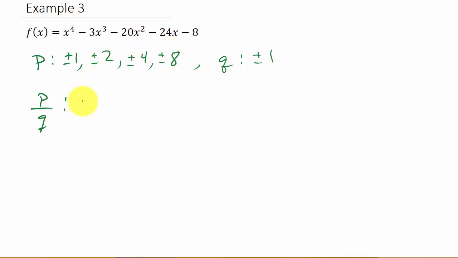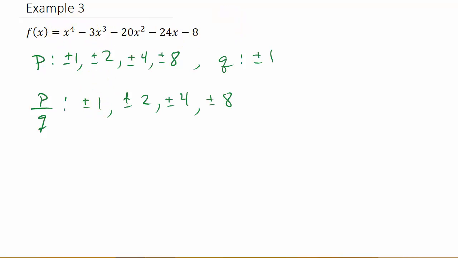So basically plus or minus 1 over 1 is 1, plus or minus 2 over 1 is 2, plus or minus 4 over 1 is 4, and plus or minus 8 over 1 is plus or minus 8. Alright, so now we have to test all of these to see which ones work. Typically what I do, I just start with the 1 and see if I get 0.